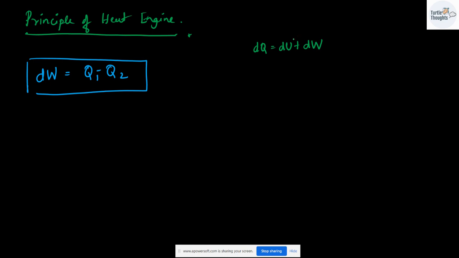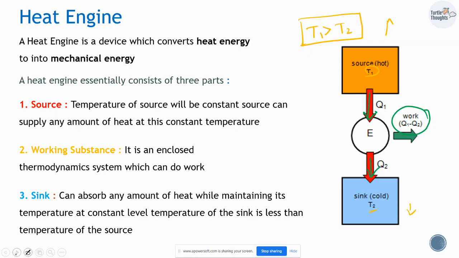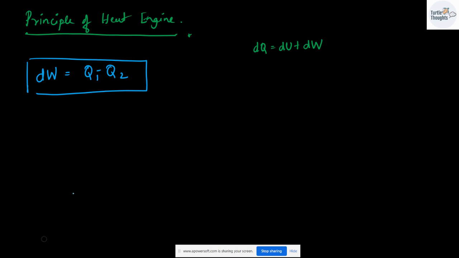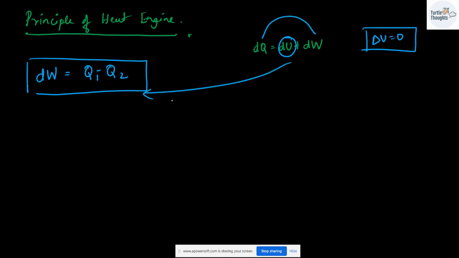As the working substance returns to its original state, the internal energy is going to remain constant. So I can write over here delta U will be equal to 0. Since delta U is 0, dW will be equal to dQ. The same thing I have written over here. dQ can be written as Q1 minus Q2.